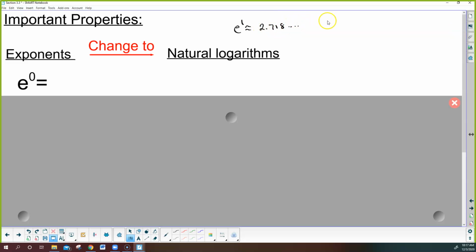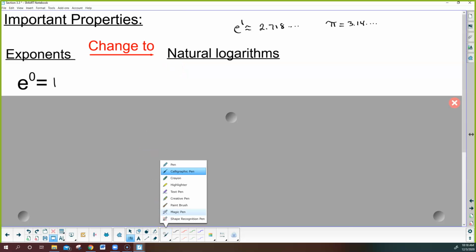It's just a number. I think of e in the same lines as pi, right? Pi is also a number that continues on forever. It's an irrational number. So that's what I want you to think of: e is not just a letter, it's an actual number. All right, well, we know that e to the 0 is 1. But what does that look like if I change it into the natural log? Well, the base is e.